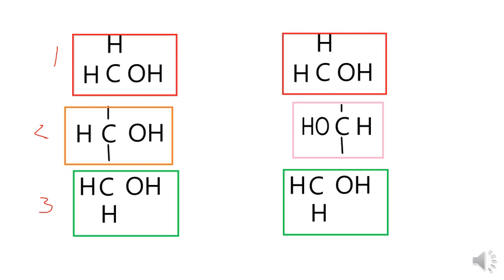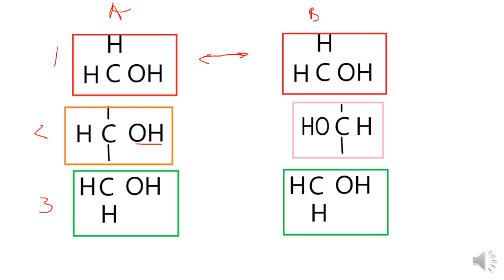So what we want to do is compare these two structures. This is also glyceraldehyde over here. You'll notice the only thing that's different about structure A and structure B is that I moved this OH in structure A to over here, and now it's on the left side.